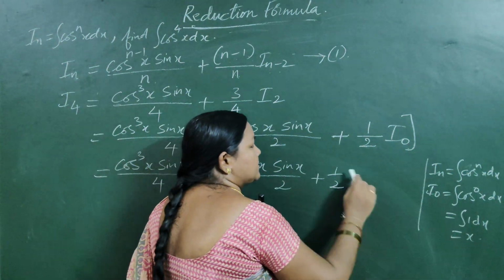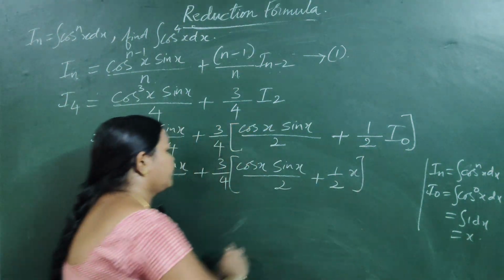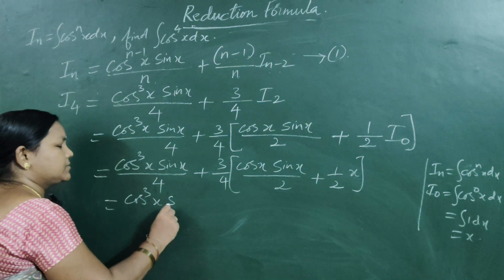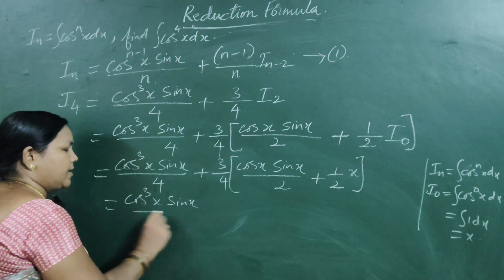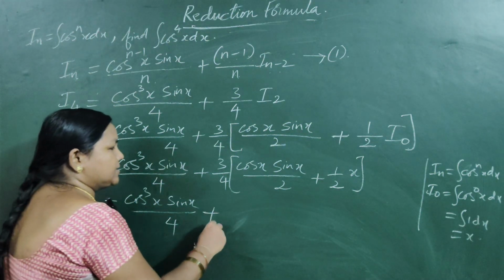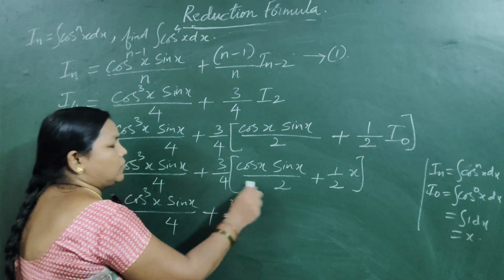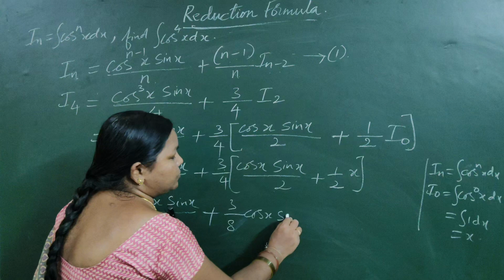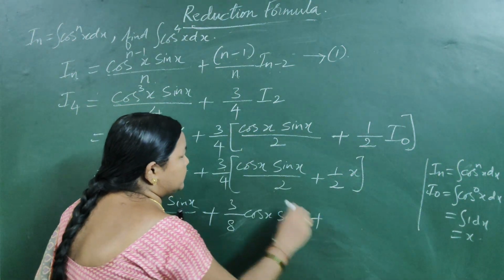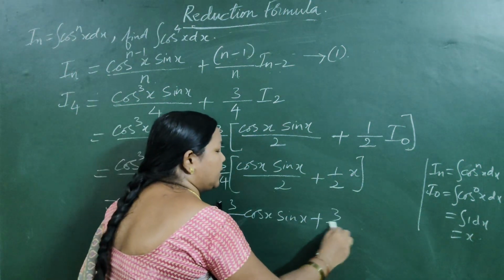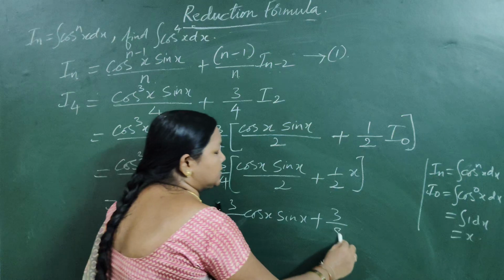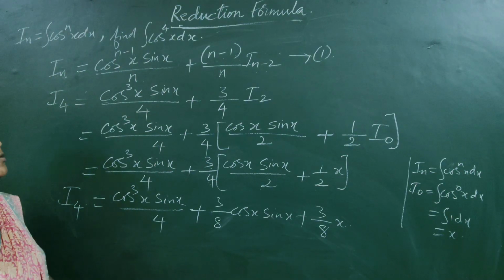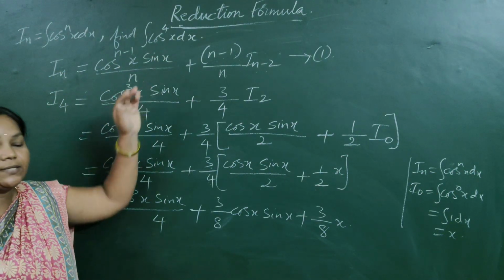Substitute I 0 as x. That is cos cube x sin x divided by 4 plus 3 by 4 into 1 by 2, which is 3 by 8, cos x into sin x, plus 3 ones are 3 by 4 into 1 by 2, which is 3 by 8, x. This is the formula for integration of cos to the power of 4 x dx.